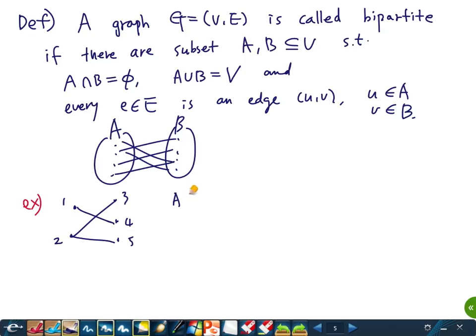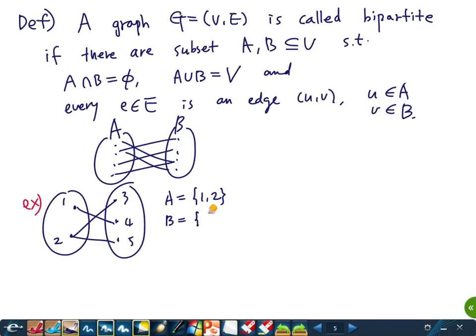How do you want to define A and B? Let's say this is A and this is B. That's fine. This is bipartite. If you want, I can write it precisely. This may not be unique; there are several different ways of doing this. But if there is at least one way, it's called a bipartite graph.